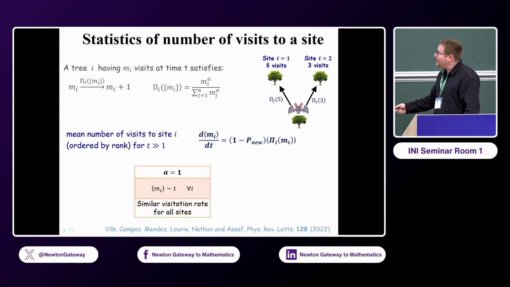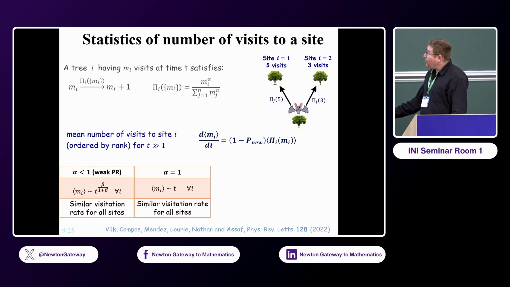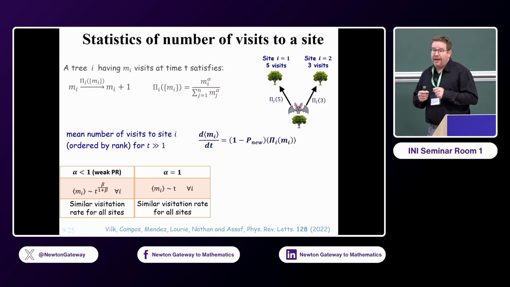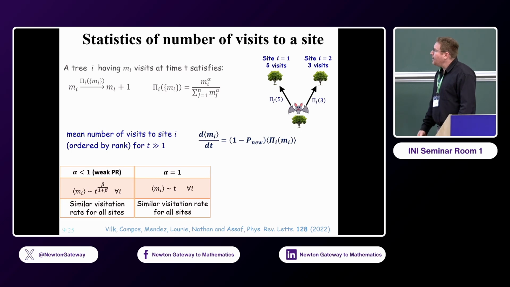But the time dependence is the same for all trees. For a weak preferential reattachment, you also get an identical asymptotic dependence of m_i on t to the power of beta over 1 plus beta. You can get that by perturbation theory, solving this perturbatively. So a similar visitation rate for all sites.